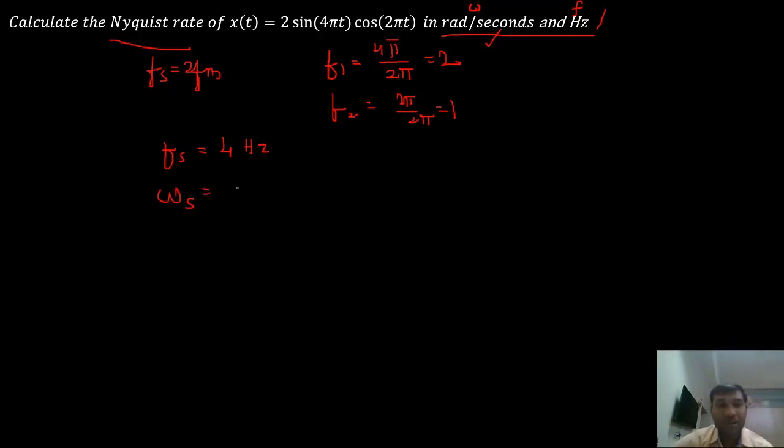Omega s is nothing but 2 pi Fs. So that is 2 into 4 pi, that is 8 pi radians per second. This is my omega s. So these are the different types of problems on sampling theorem. With this, we have completed the second unit.